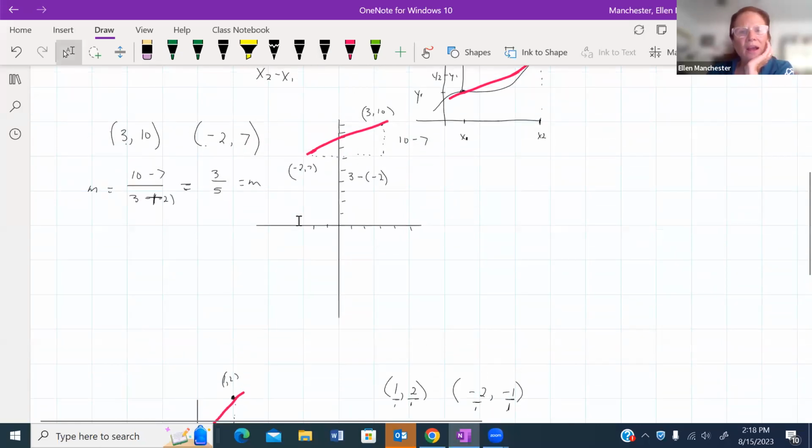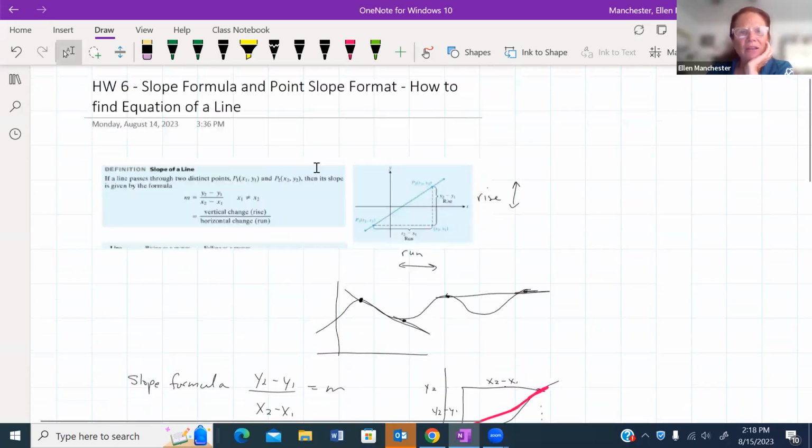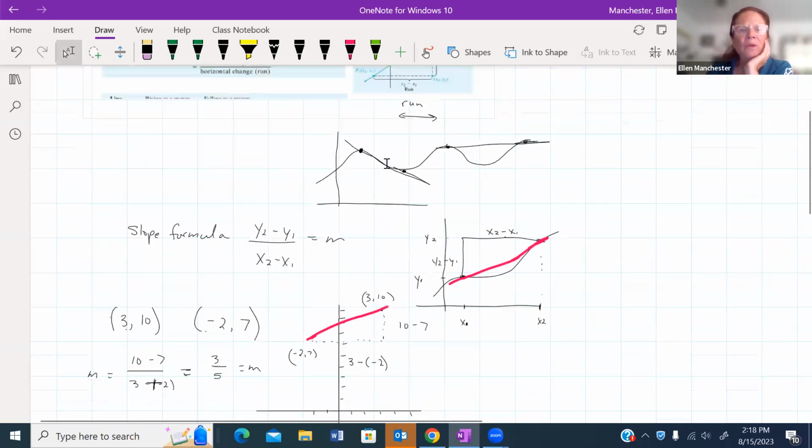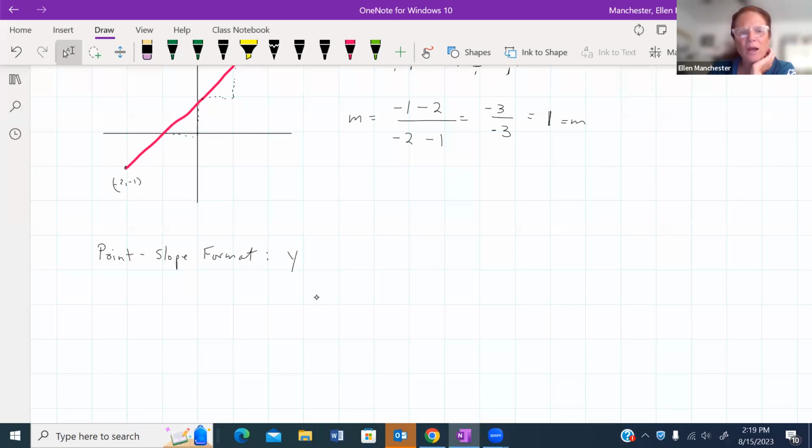Okay, so now how do we apply this to finding the equation of a line? Well, we have to use something that's called the point slope format. And this is a formula. It's y minus y1 equals the slope times x minus x1.